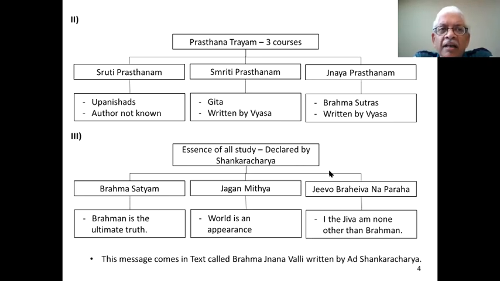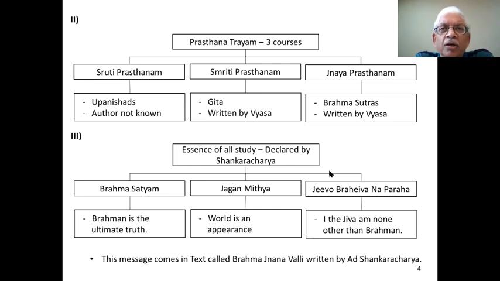It has been existing before the creation. It is existing right now. It will be existing in future. So what exists in the past, what exists now, and what exists in the future, the scriptures have called that Brahman.